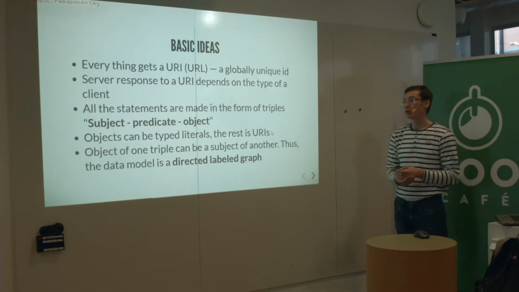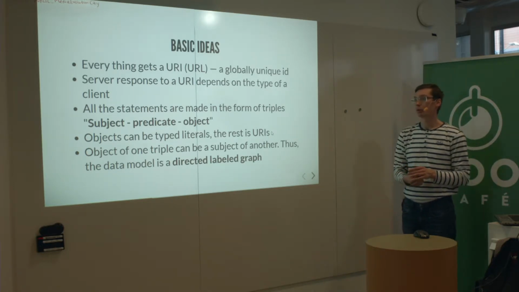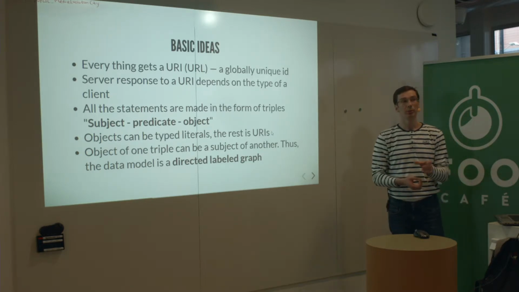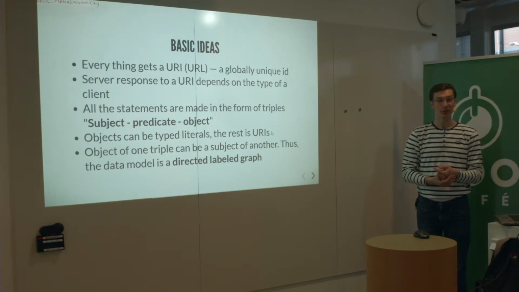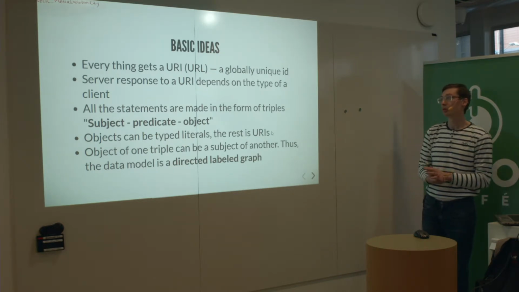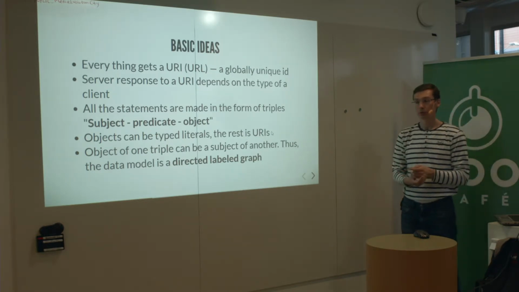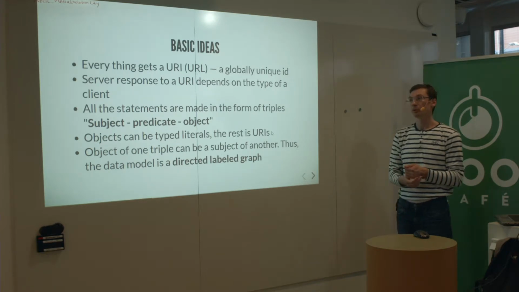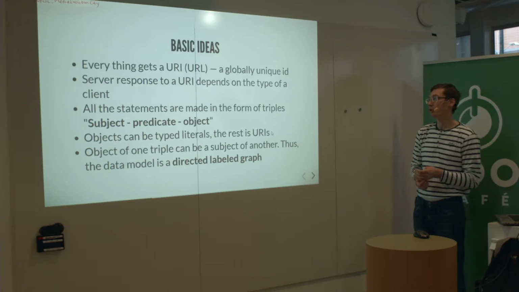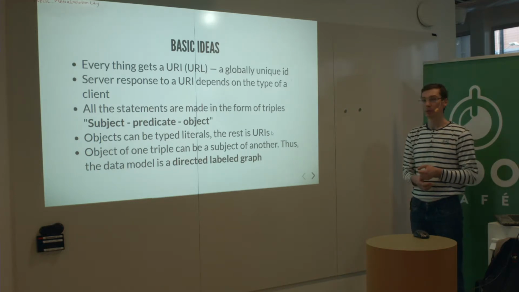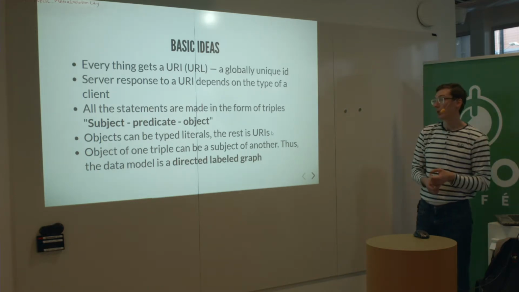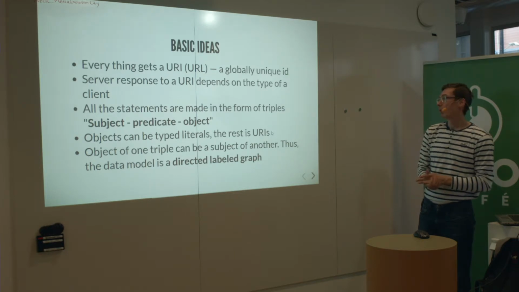And this URL should also be dereferenceable, which means if you put it in your web browser, your browser will open a web page about this thing that you refer to with this URL. Or if you open it not in a web browser, but some different HTTP-aware agent, you may get a different format, not an HTML page, but something else, maybe XML or JSON, something machine readable.